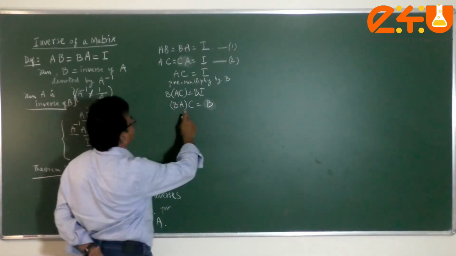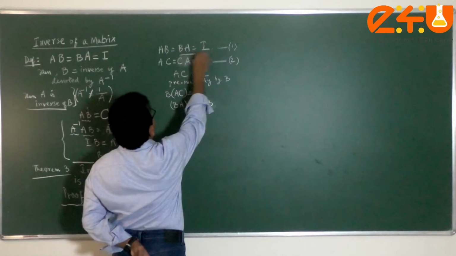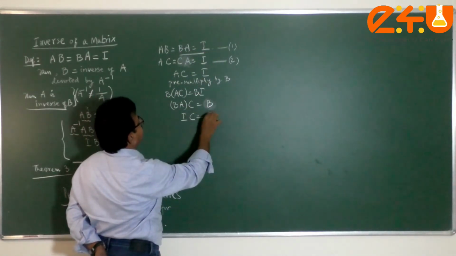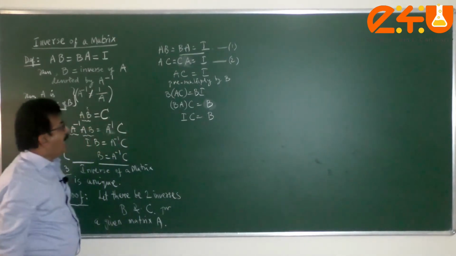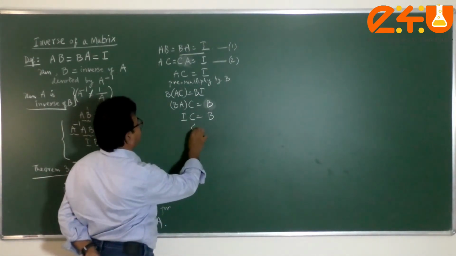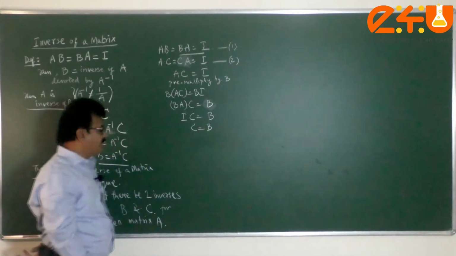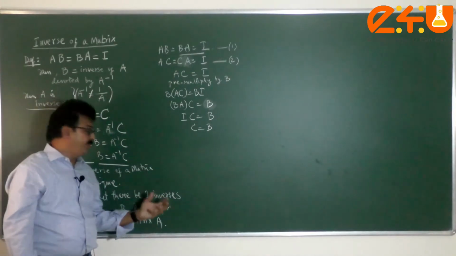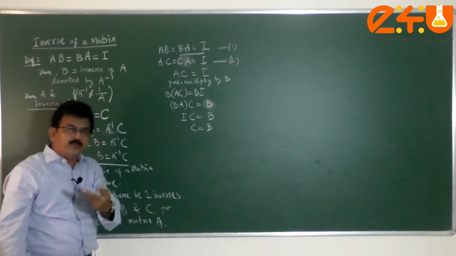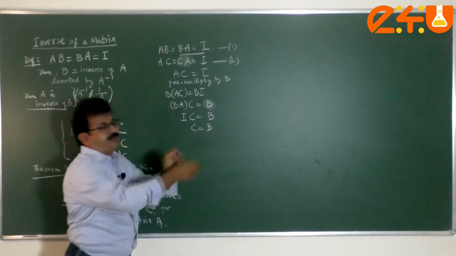And B times A, that is already resulting from result 1. I know I can write it as I. I times C is B, and I times any matrix will give the same matrix, so C. So C equals B, which means we assumed there are two inverses, but now we are proving the two inverses coincide with each other.